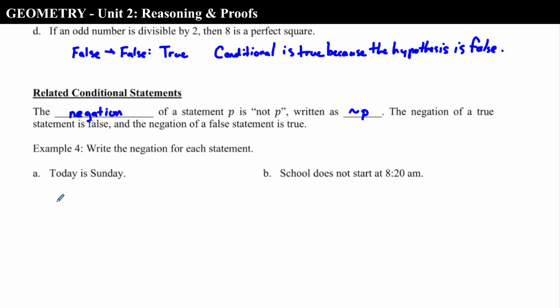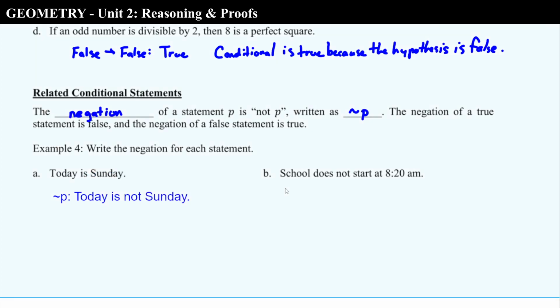So, today is Sunday. If we want to make the negation of this, the negation is going to be: today is not Sunday.